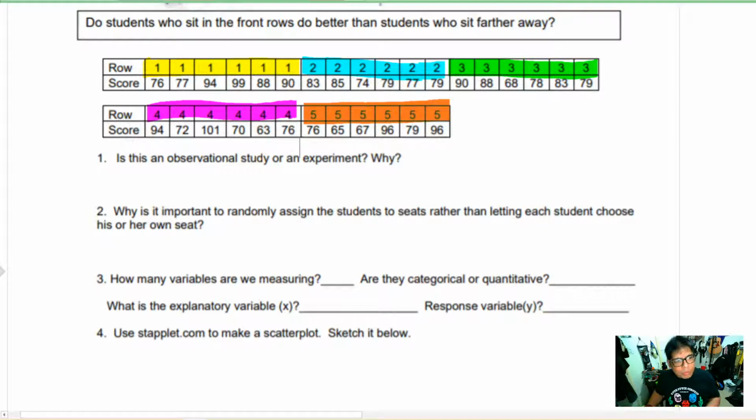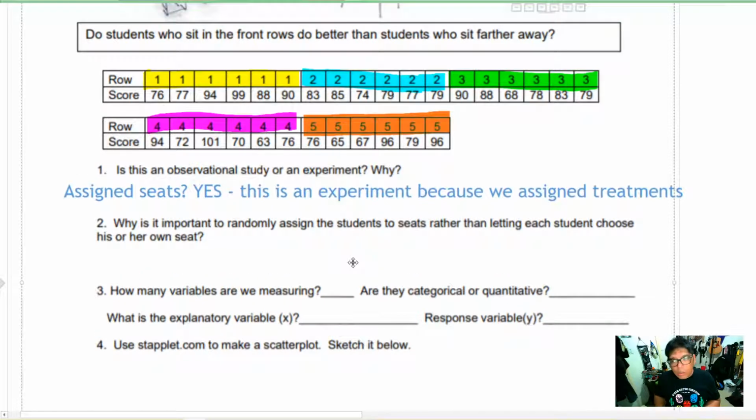just as a review, is this an observational study or an experiment, and why? The answer here is a big fat, well, it depends. Did we have assigned seating? Well, if yes, then this is an experiment because we had the opportunity to assign treatments to our experimental units. So the treatment in this case would be, which row are you sitting in?